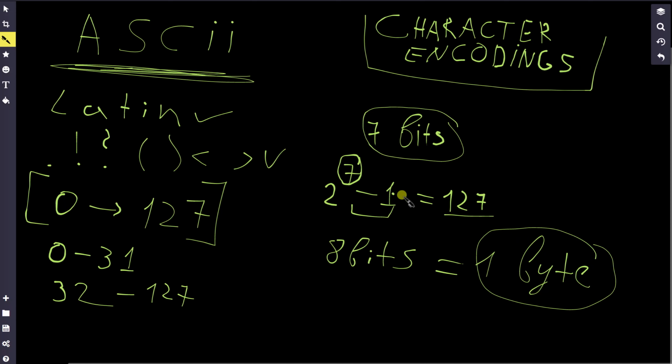So if we return to this formula and modify it slightly, we are going to get 255. So we can see that by adding a single bit of information, we have increased the numbers in our interval significantly. And in fact, now we can use numbers from 0 to 255, right?